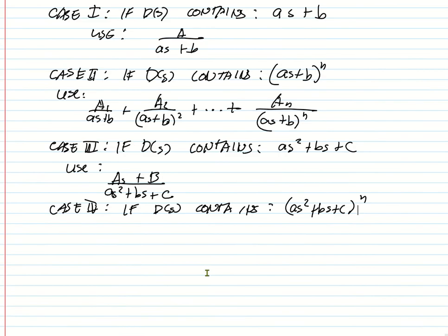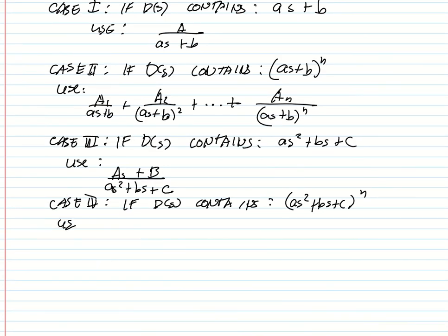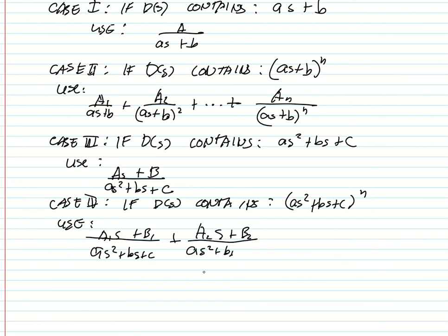So the partial fraction that we will be using will be a1 s plus b1 all over a s squared plus bs plus c, then the second one, a2 s plus b2 all over a s squared plus bs plus c, and this will be squared.